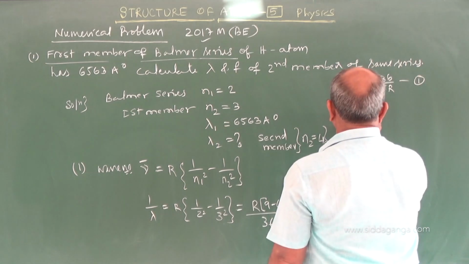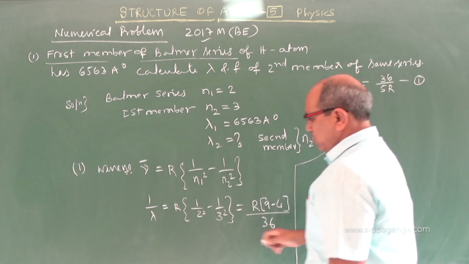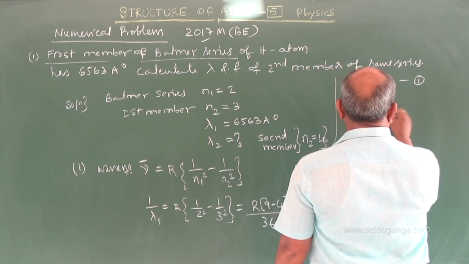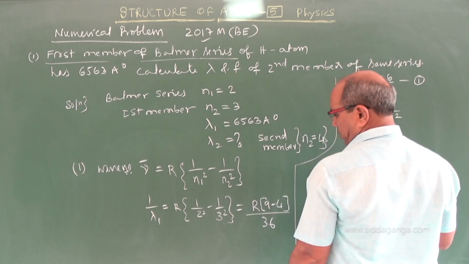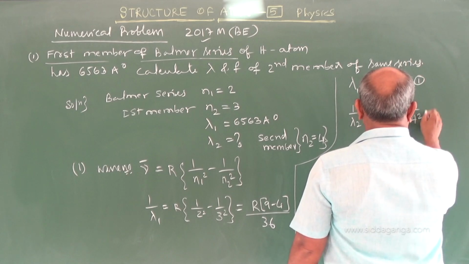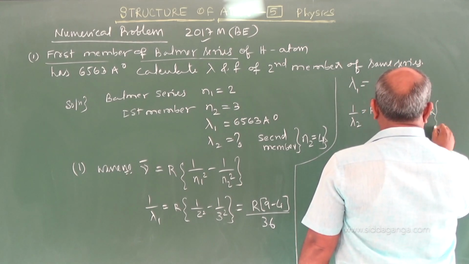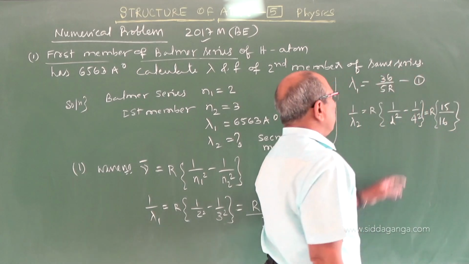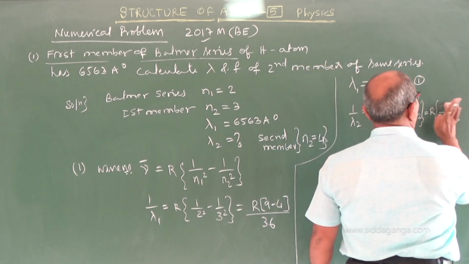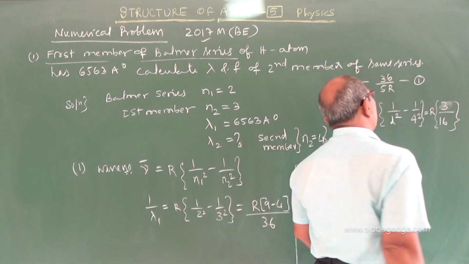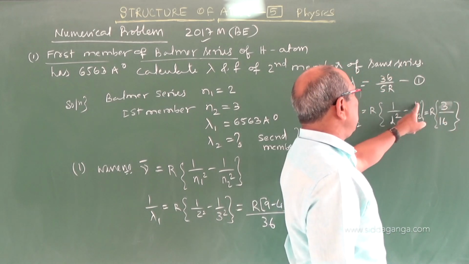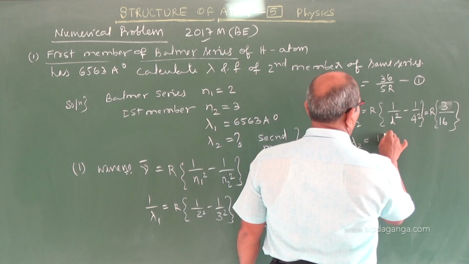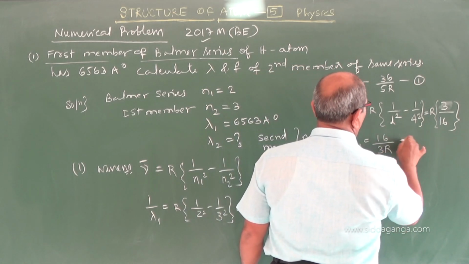But for the second, lambda 2, if I call the first one lambda 1, 1 by lambda 2 is R into 1 by 2 square minus 1 by 4 square. R into common LCM 16, 4 minus 1 is 3, so lambda 2 is equal to 16 by 3R.